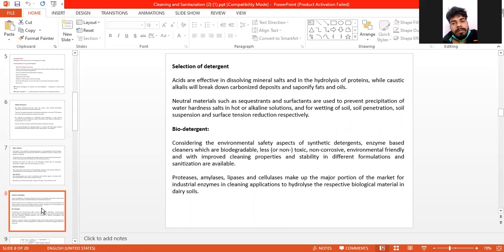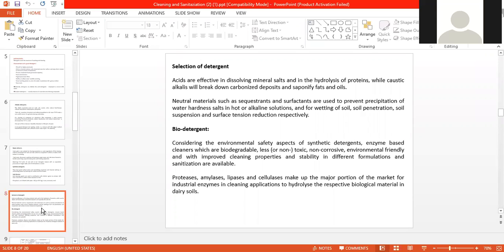Another one is neutral materials such as sequestrants and surfactants, which are used to prevent the precipitation of water hardness salt in hot and alkaline solution, and for wetting of soil, penetration, soil suspension and surface tension reduction respectively. So we can use these detergents.